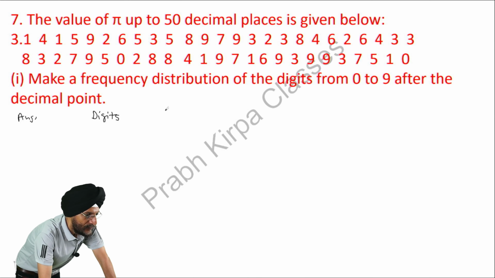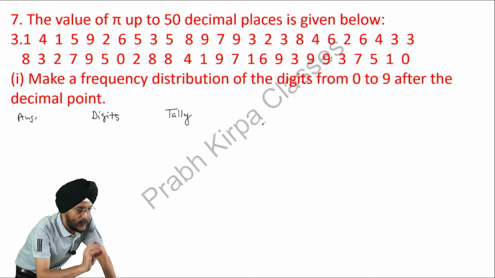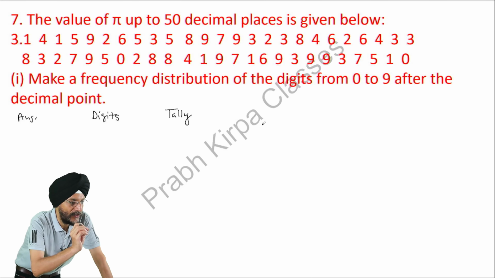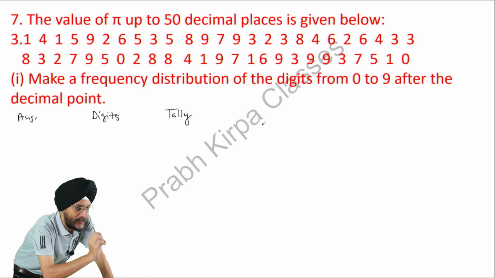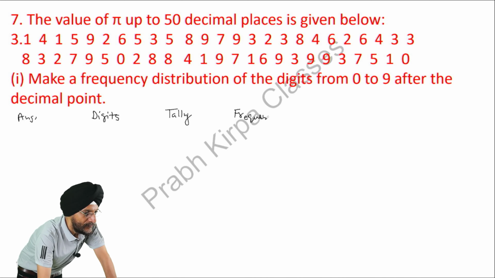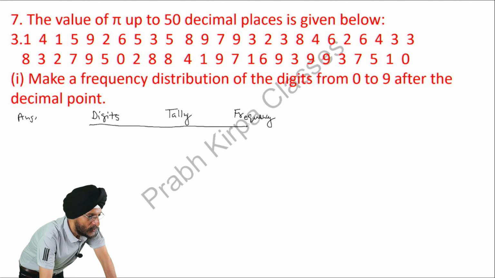That is, we will form a column of tally, and then we will have to find out the frequency, that is, the number of times the particular digit has appeared in the data. So these will be the columns of our frequency distribution table.